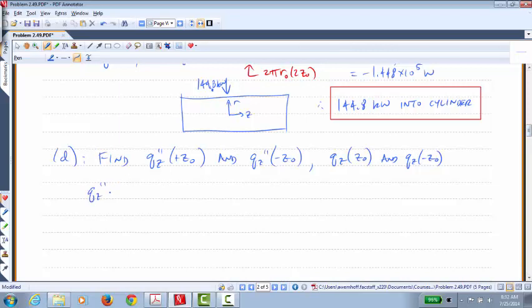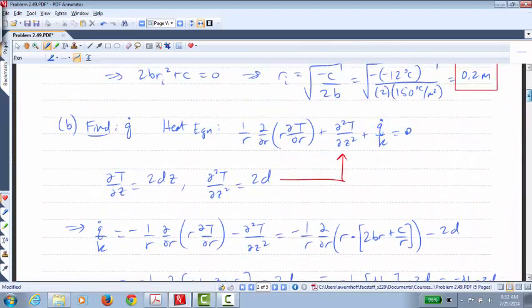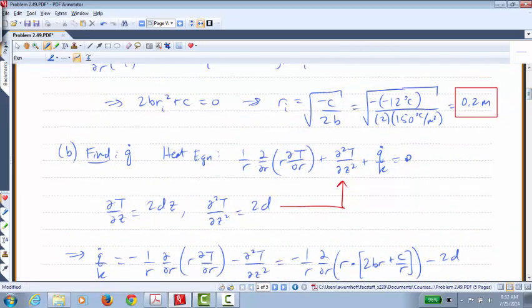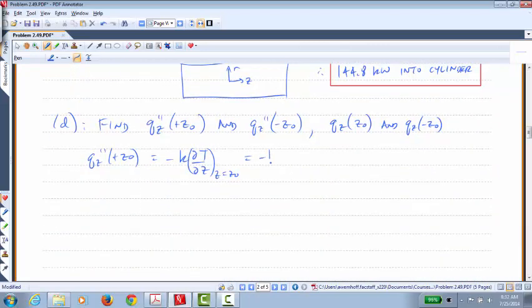So q_z double prime at plus Z0 is minus k dT/dz evaluated at z equals Z0. If we go back to here, we know that dT/dz is 2dz. So minus k times 2dz evaluated at z equals plus Z0.